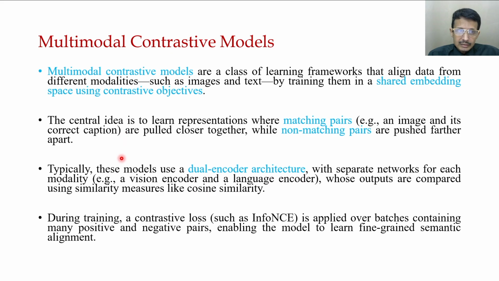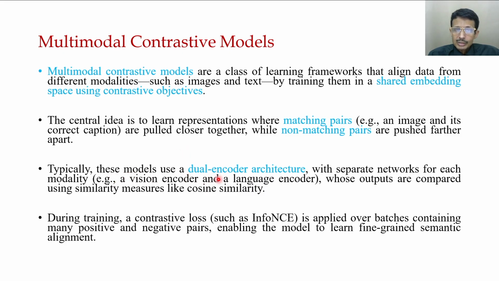Basically, we are projecting information from different modalities into a particular space. Let's say from an image, there is an image encoder, we get some feature space or features, and that is projected onto a shared feature space, both from image and text.